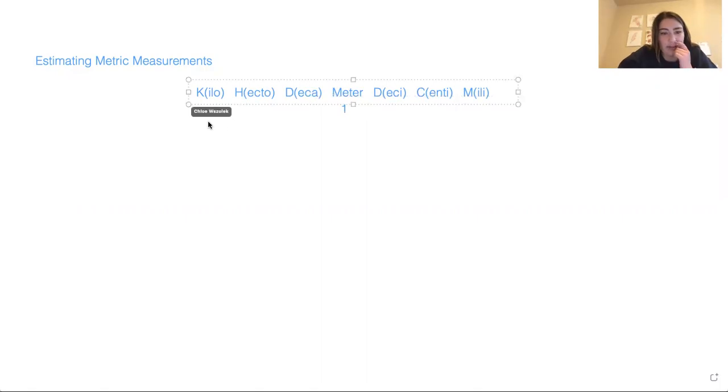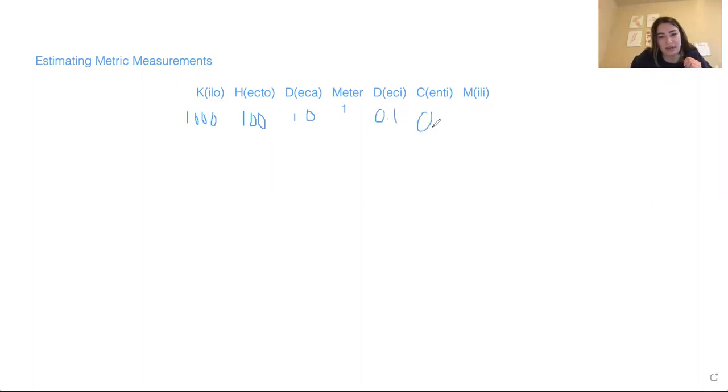So if a meter is 1, a kilometer is 1,000 meters. A hectometer is 100 meters. A decameter is 10 meters. A decimeter is 0.1 meters or 1/10 of a meter.